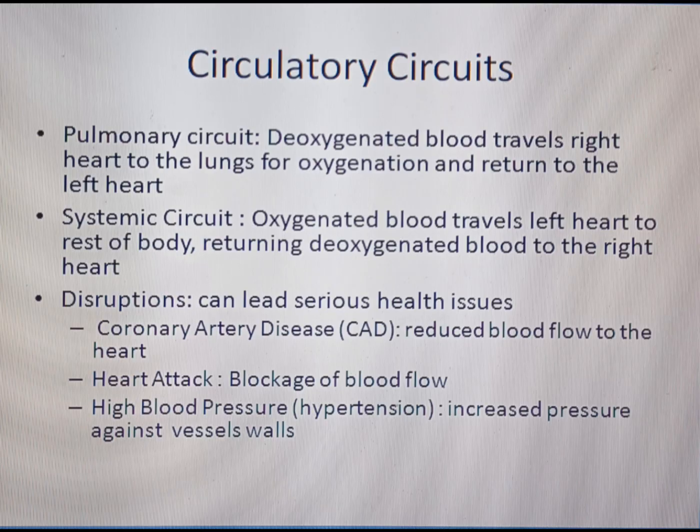But sometimes disruptions occur in this system and can lead to serious health issues like coronary artery disease, due to reduced blood flow to the heart, and stroke.